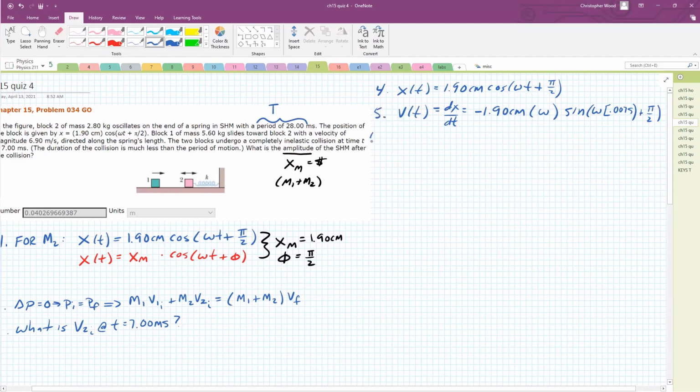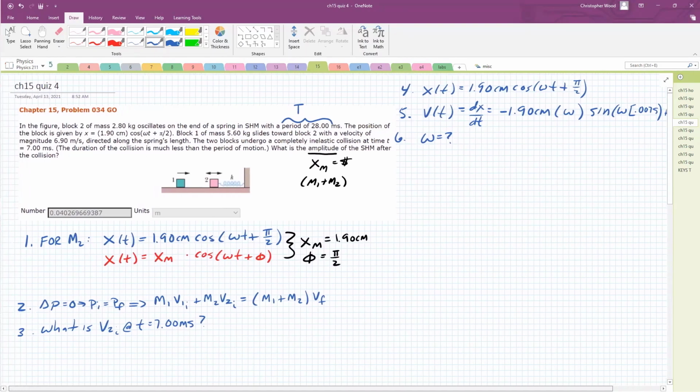Number 6, what's omega? Omega is k over m, but I can also use omega equals 2 pi over the period, and they're giving me the period.